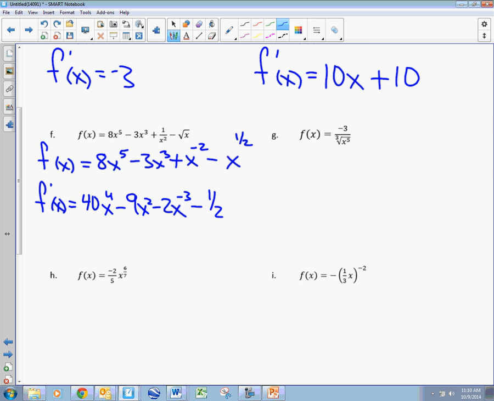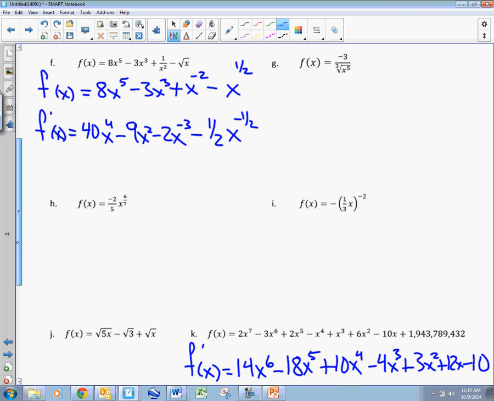Minus 1/2 x to the, what's 1/2 minus 1? Negative 1/2. You may not leave your answer with negative exponents. So f prime of x is then equal to 40x to the fourth. That one's okay. Minus 9x squared.